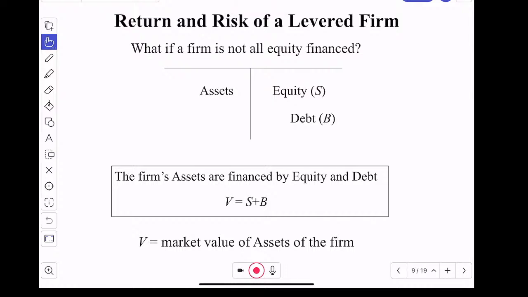A firm that is financed by equity and debt is known as a leveraged firm.